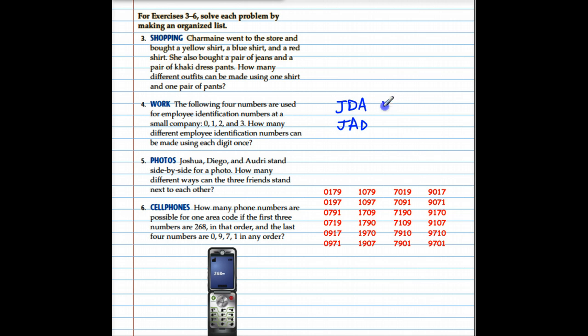And then we're going to put Diego first. And so we got Diego, Audrey, Joshua, Diego, Joshua, Audrey, because they are different. And then finally the ones where Audrey is first. And in that case it's Audrey, Joshua, Diego and Audrey, Diego, Joshua. And what we come up with is 6 combinations.